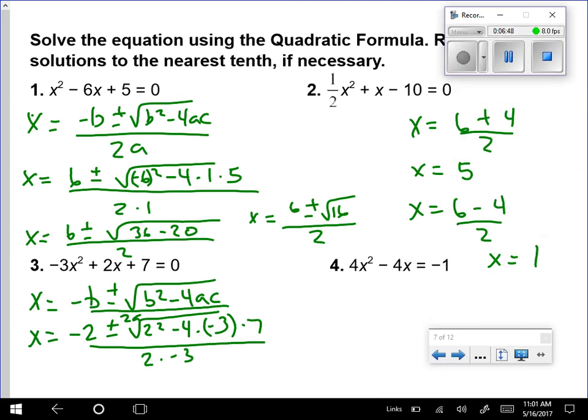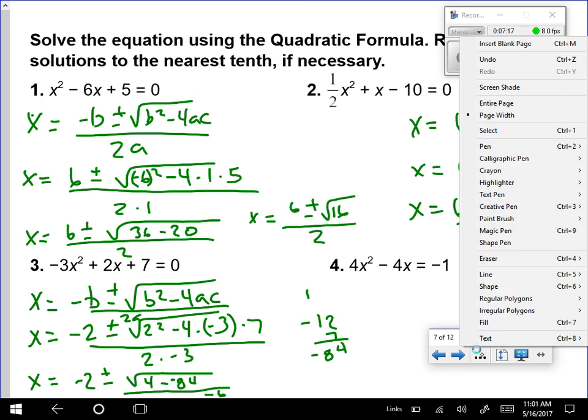I'm going to go over into this space. So we would have x equals negative 2 plus or minus the square root of 4 minus, so negative 4 times negative 3 is negative 12, times 7 would be 84, negative 84, all over negative 6. Sorry, I'm running out of room.